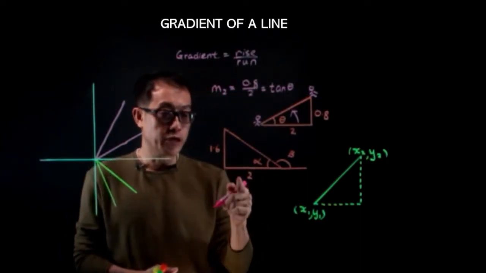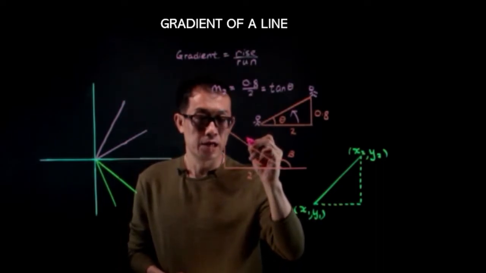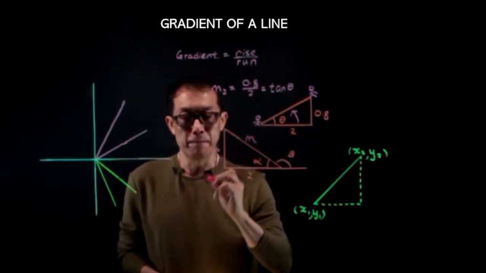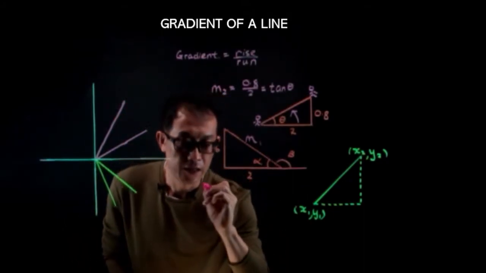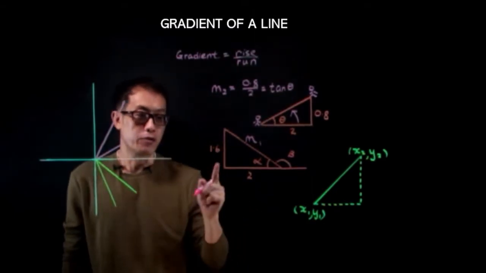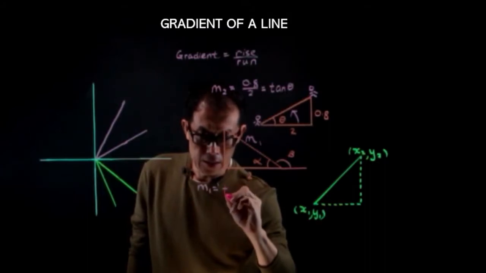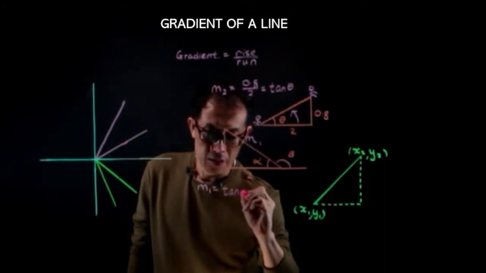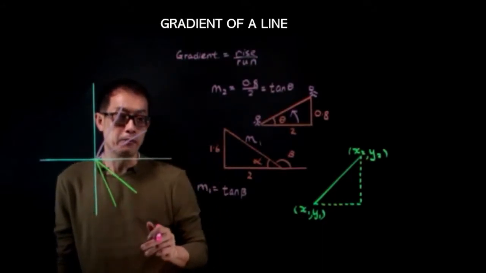Okay, now let's say there's another slope sloping this way. What is the gradient of this line? Let's call this gradient M1. The gradient M1 will be tangent beta. Now, what is tangent beta?